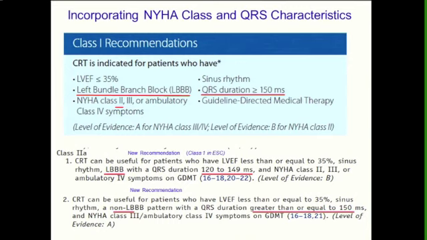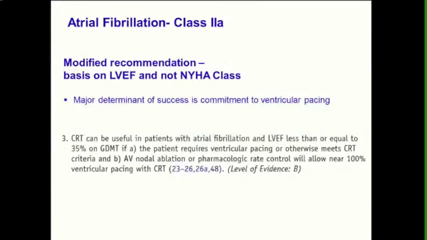This is class 2A in the States. That is, it can be useful, but it's regarded as a class 1 recommendation in the European guidelines. So an area of dissent, reflecting that we actually don't have all certain answers here. A new recommendation for non-left bundle branch block patients with a QRS of more than 150, because they're more predisposed to having LV activation delays.